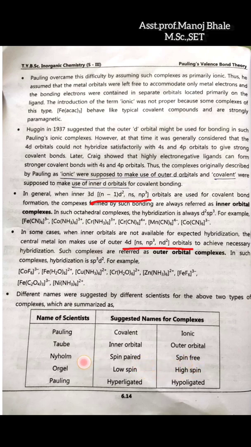Orgel, a scientist who explains low spin complex and high spin complex, and Pauling, who gives hyperligated and hypoligated complex formation, which is explained in this theory.